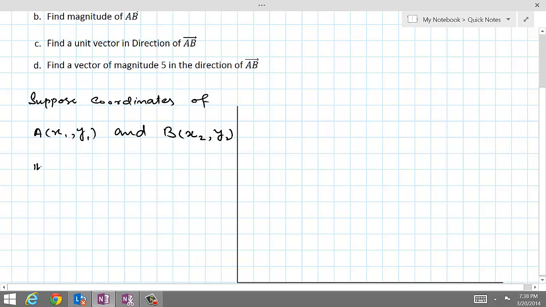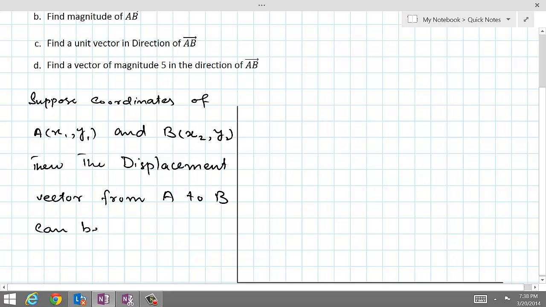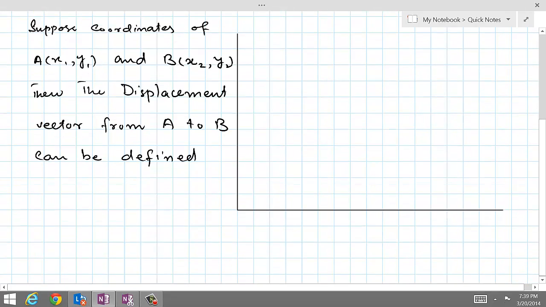Then the displacement vector from A to B can be defined as AB, and then we place an arrowhead.